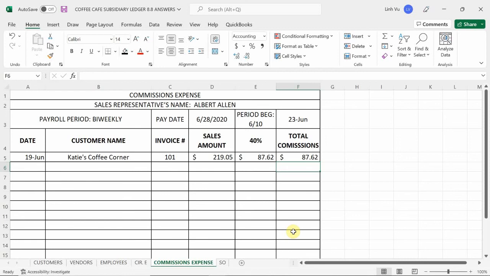Okay, so good. We did the subsidiary ledger where we completed Katie's Coffee Corner profile, the customer. We gave Albert his commissions. We marked off that we sold and filled the order. So now we're done with the subsidiary ledger. What else do we need to do?